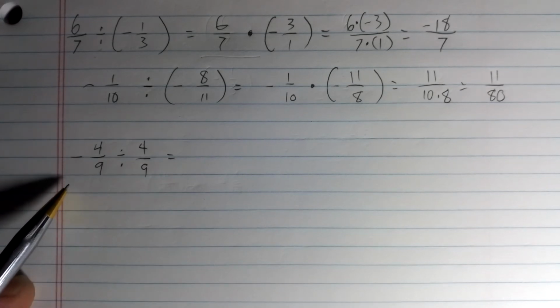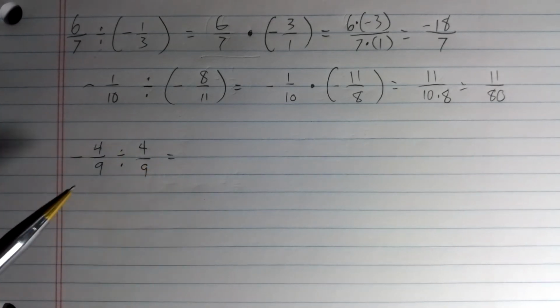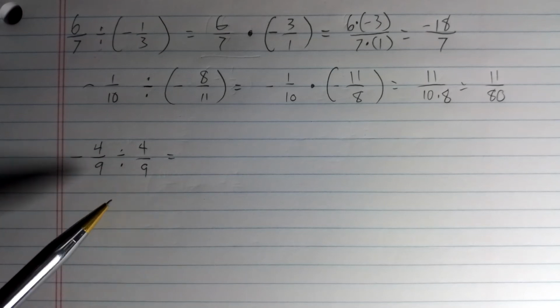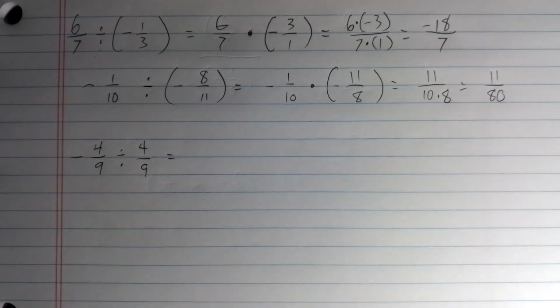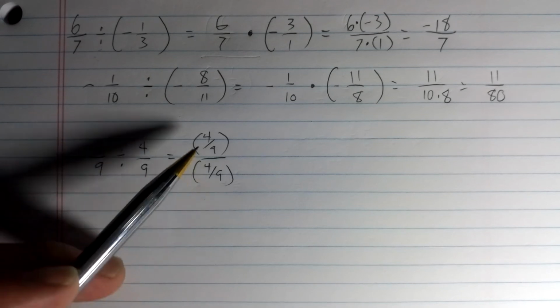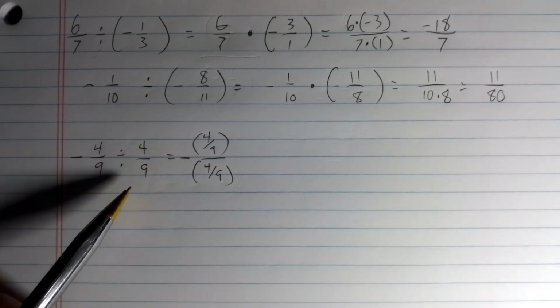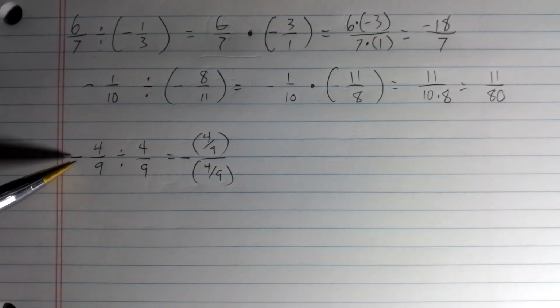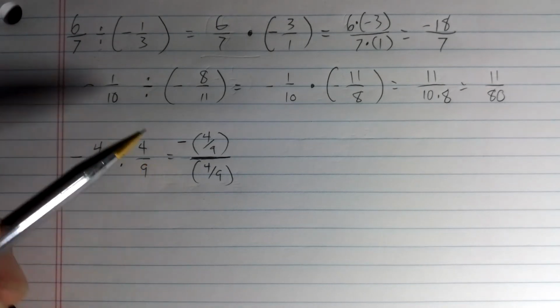Alright, here's an interesting problem that, at first glance we might just dig into, flip our 4/9 and see what results. But if we look at it the way I had shown you a problem earlier, now I've written the fraction 4/9 divided by 4/9 in just a different way. Let me make a correction here. Alright, thanks for your patience.